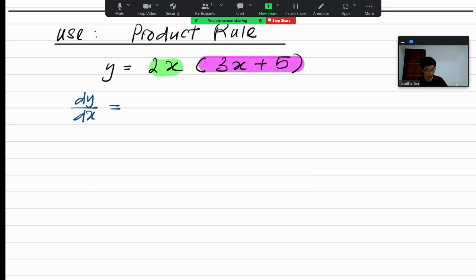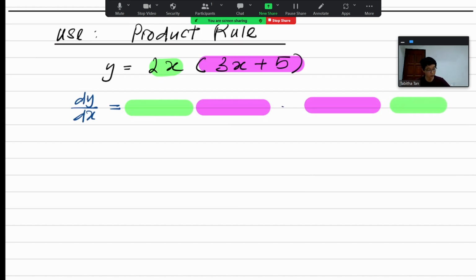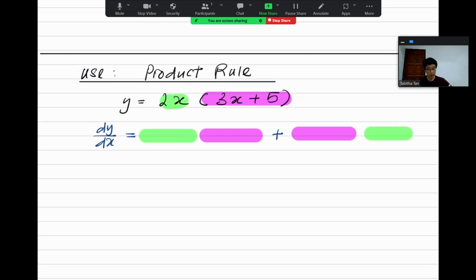Just to help us remember, we are going to do something with the purple and the green, and then the green and the purple. However, you may not have to always keep in this order. You can always do it the other way if that is convenient to you, but as long as you maintain taking turns: differentiate one and keep the rest, plus differentiate the other and keep the rest. All right, so as long as you take turns.